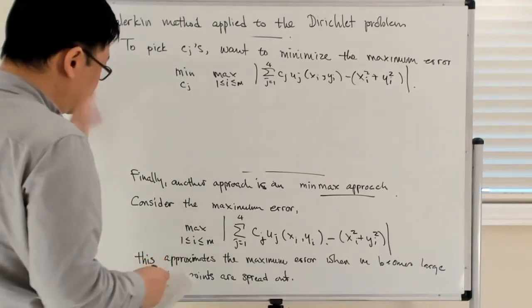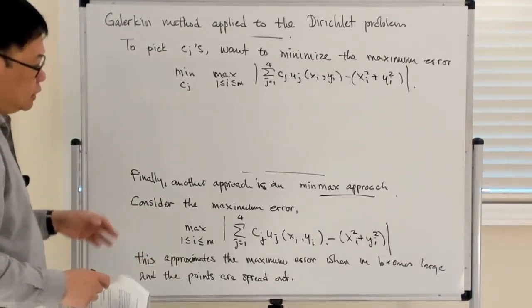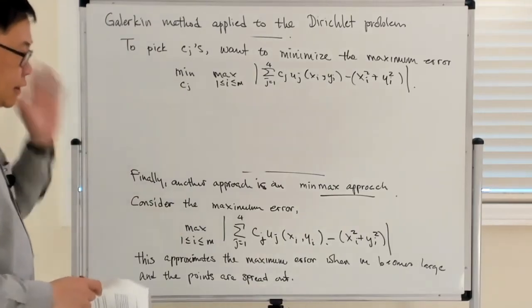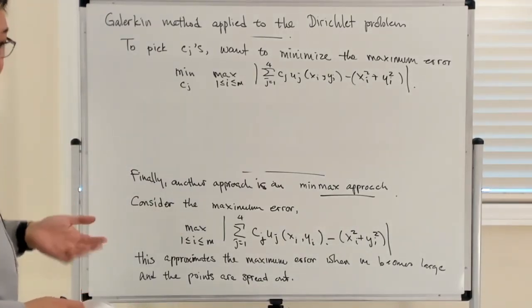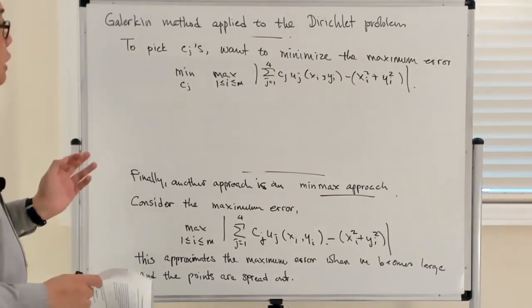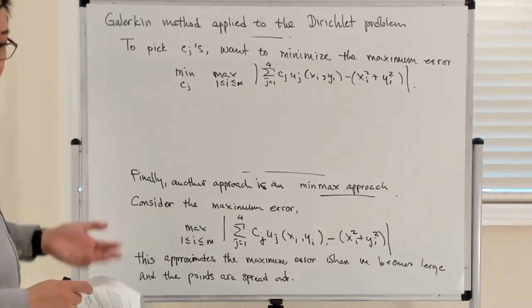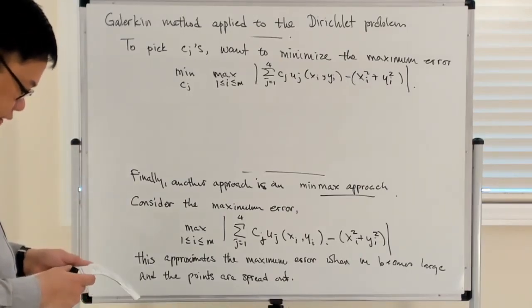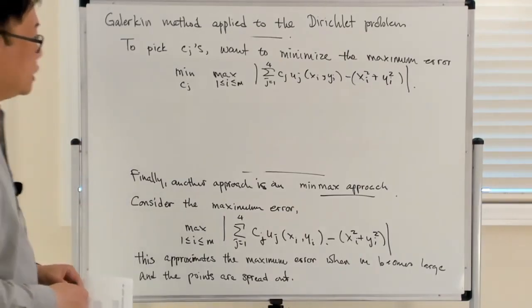So that's yet one other approach. Anyway, this should give you some idea of how one might go about using these Galerkin type methods to solve a Dirichlet problem, and more generally other PDEs. Let me just stop here for now.